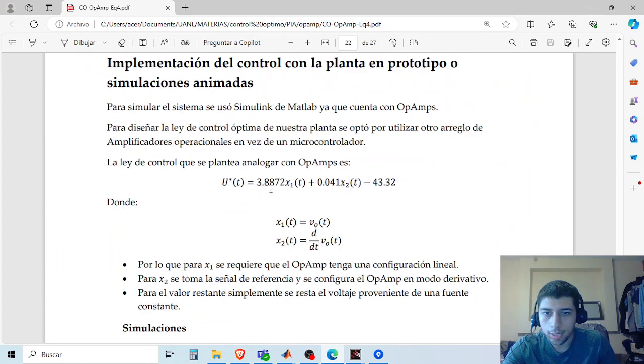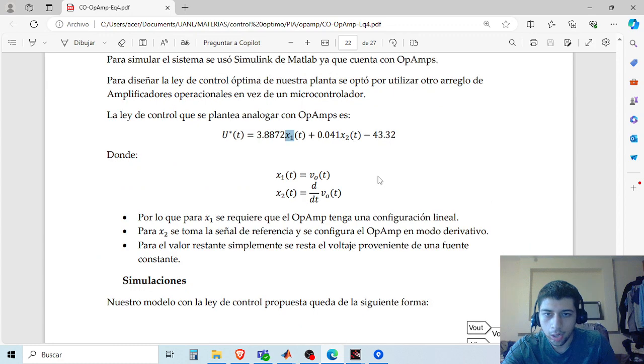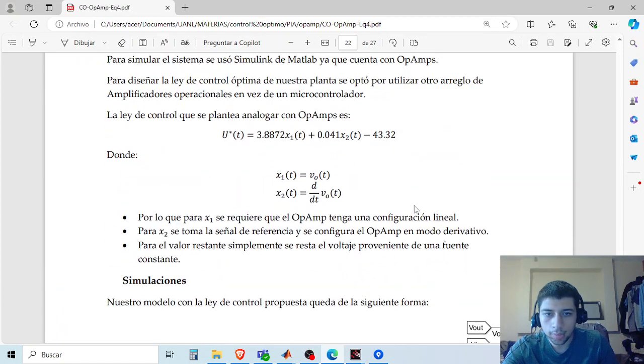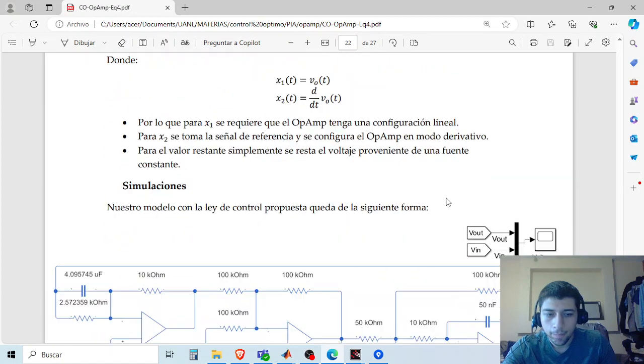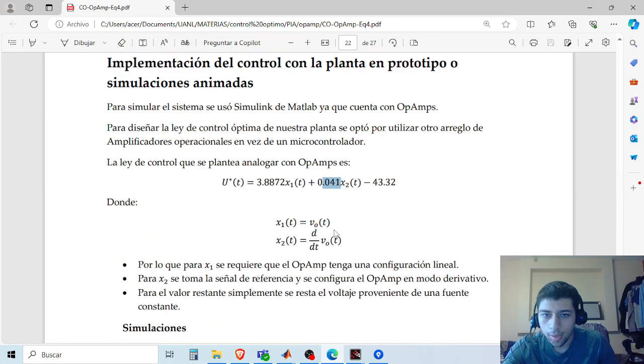Well, remember we have a voltage reference, which is just taking the voltage value from the output and amplifying that value, and then we need to somehow differentiate that same value and also multiply it with some gain, and then we are gonna subtract some constant voltage source.